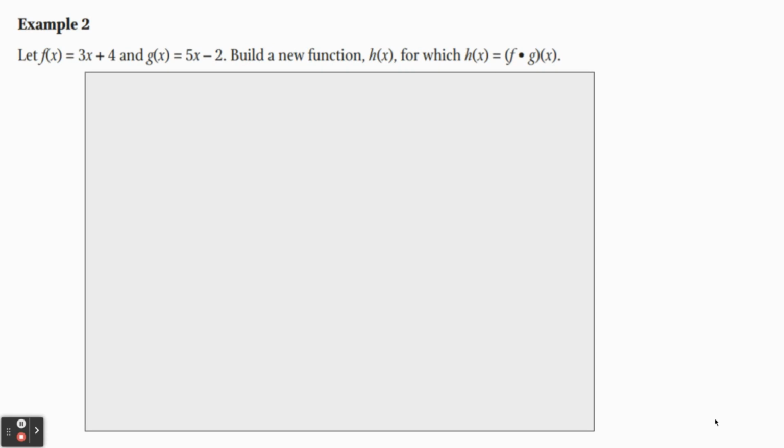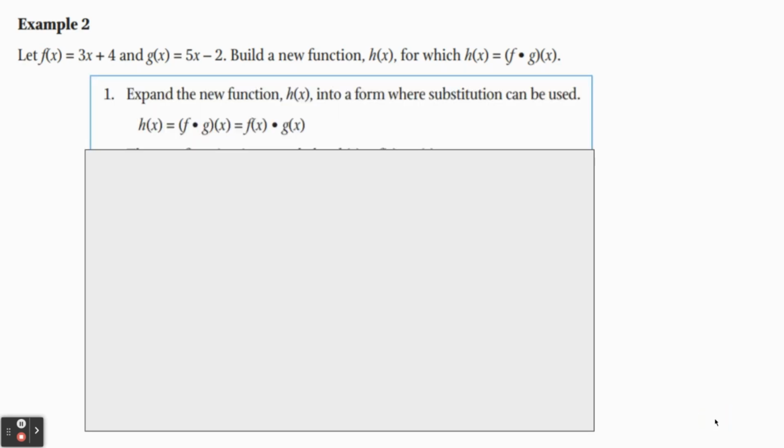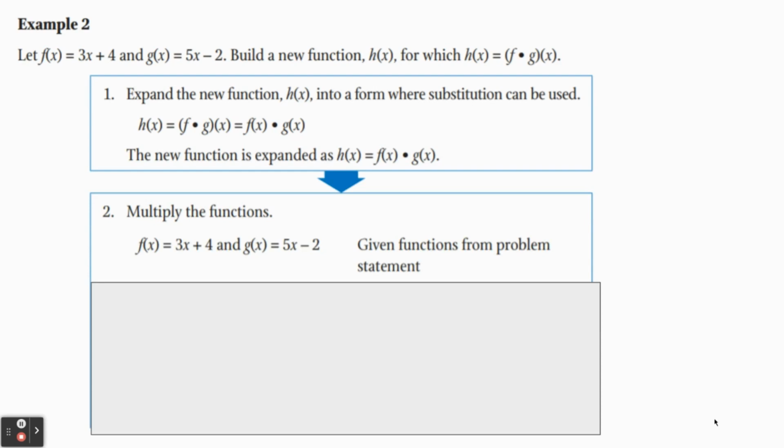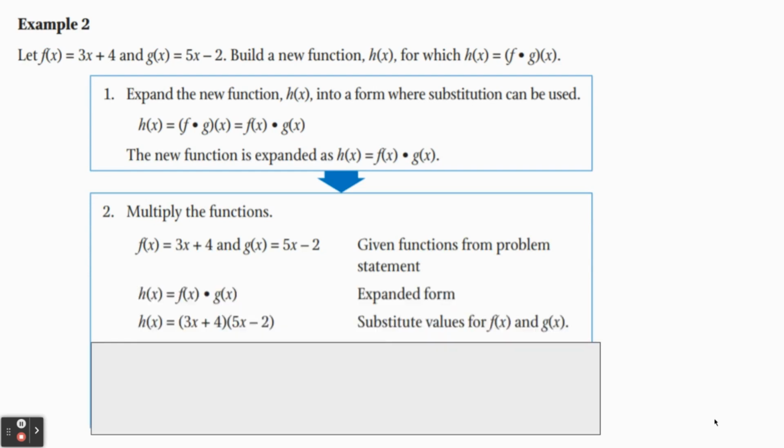Example 2 says, let f of x equal 3x plus 4, and g of x is equal to 5x minus 2. Build a new function, h of x, where h of x is equal to f times g of x. So just like the last one, we're going to take f of x and multiply it times g of x. Substitute the values in for f of x and g of x.